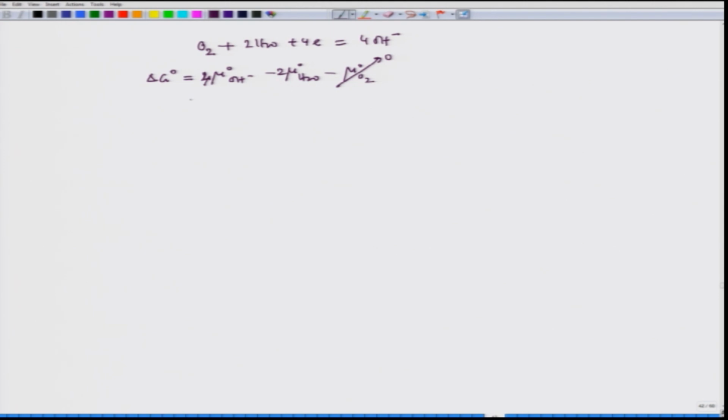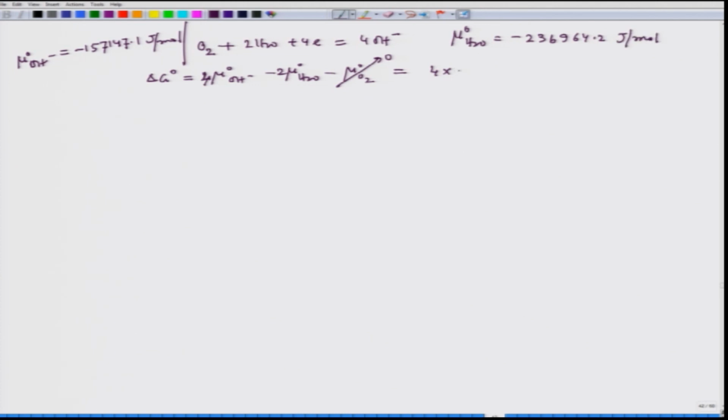So we can calculate 4 into mu 0 OH minus equal to minus 157,147.1 joule per mole, and we know mu 0 H2O equal to minus 236,964.2 joule per mole.